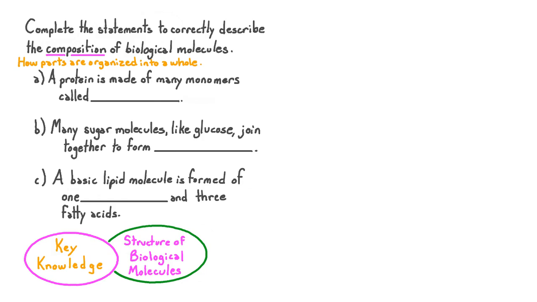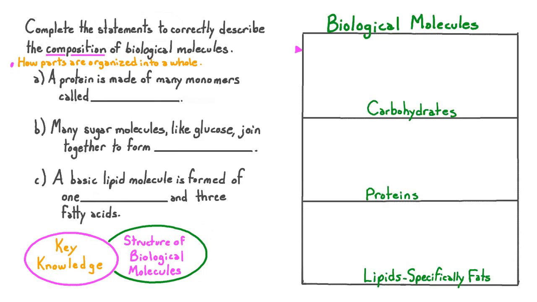So we need to describe how the parts of a biological molecule are put together. The biological molecules of concern here are 3 types of large molecules that we require from our food and in our bodies, and these include carbohydrates, proteins, and lipids, and specifically we'll be talking about fats.